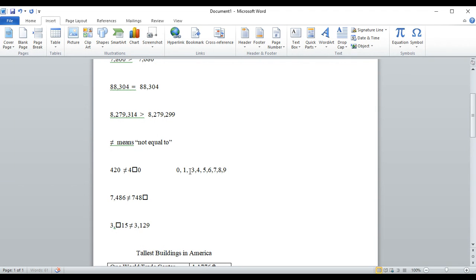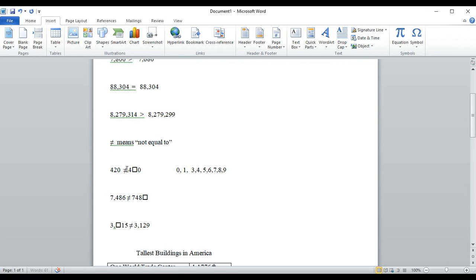The only digit we can't put in there is this one, 2. That's the only one that won't work, because if we say 420 is not equal to 420, that's not true. 420 is equal to 420.